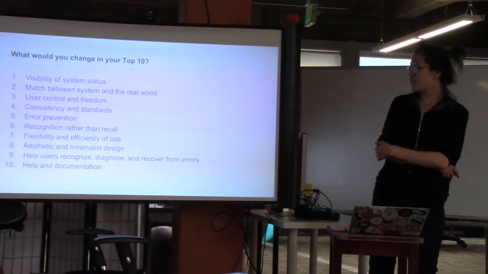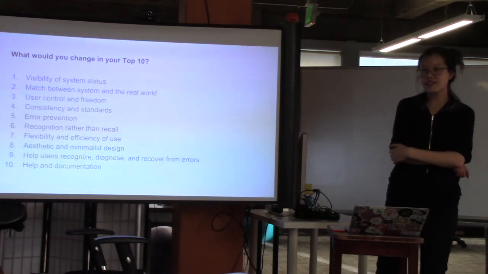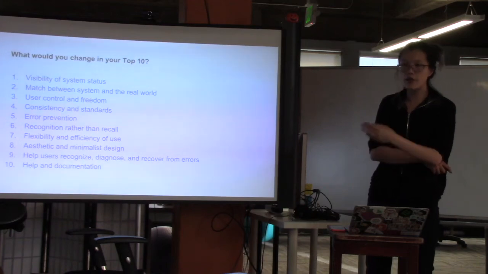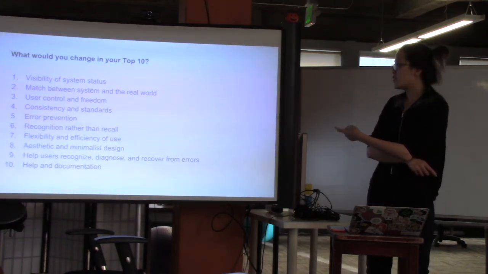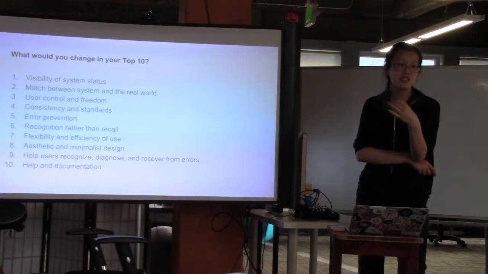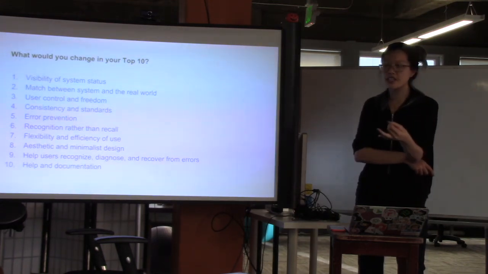So here's a review of it. A lot of these are related, right? A lot of the examples that we use. If we use a form as an example, a form should have visibility of system status. Is this field correct or incorrect?